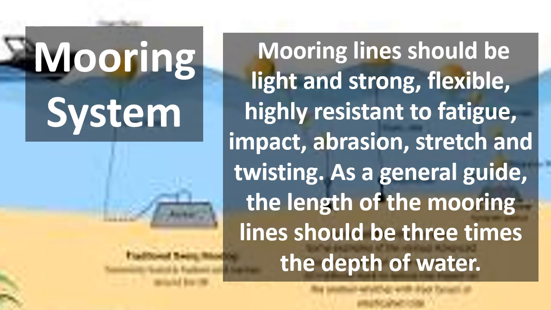For fish pens and fish cages, mooring system is a very important consideration. Mooring lines should be light and strong, flexible, highly resistant to fatigue, impact, abrasion, stretch, and twisting. As a general guide, the length of the mooring lines should be 3 times the depth of the water.